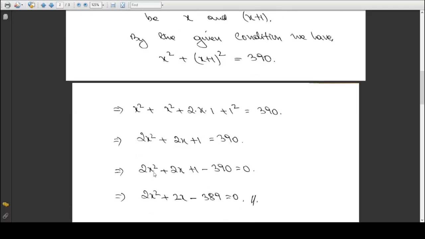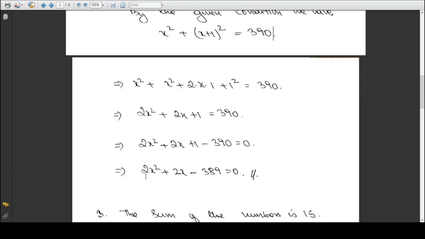The next step we have 2x squared plus 2x plus 1, and this 390 you bring to the left, it is minus 390. On the right side there's no more term, that is 0. Then the next step we have 2x squared plus 2x, then this 1 and 390 are the constants, you can add or subtract them.